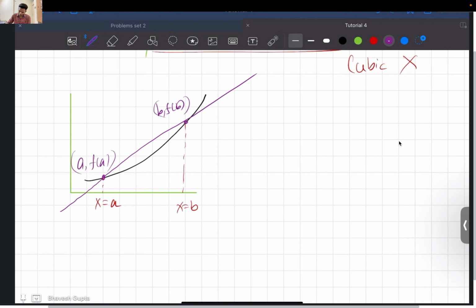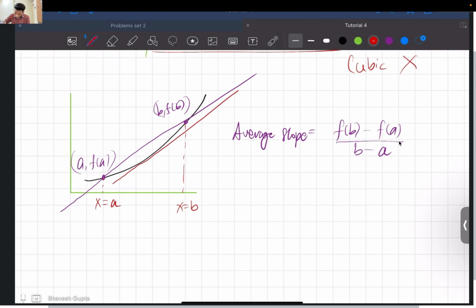So if I try to calculate the average slope, it will turn out to be f(b) minus f(a) over b minus a. But I can always find an instantaneous slope at some point, maybe some x equal to c.